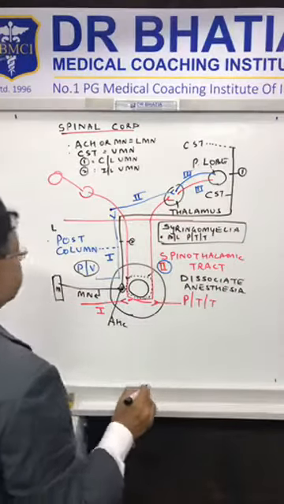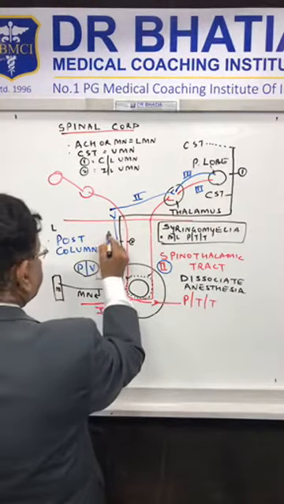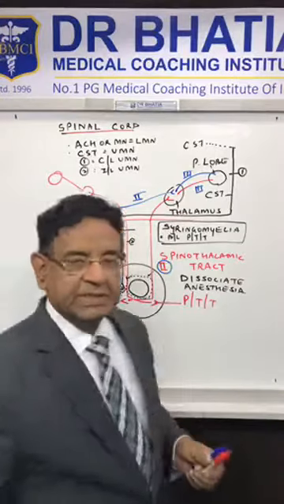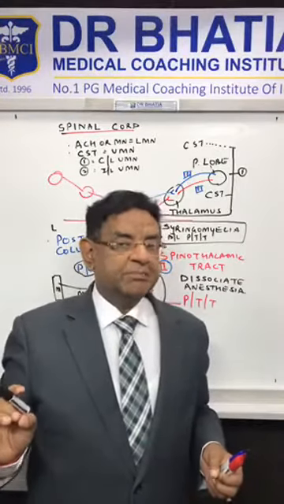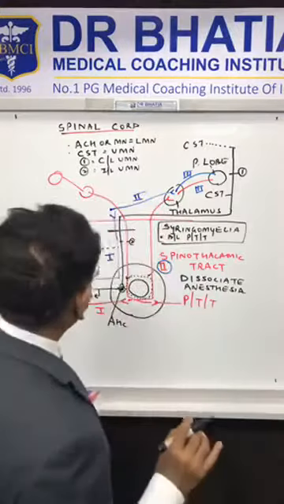Now, suppose we cut one half of the spinal cord. That would be seen in Brown-Sequard syndrome.